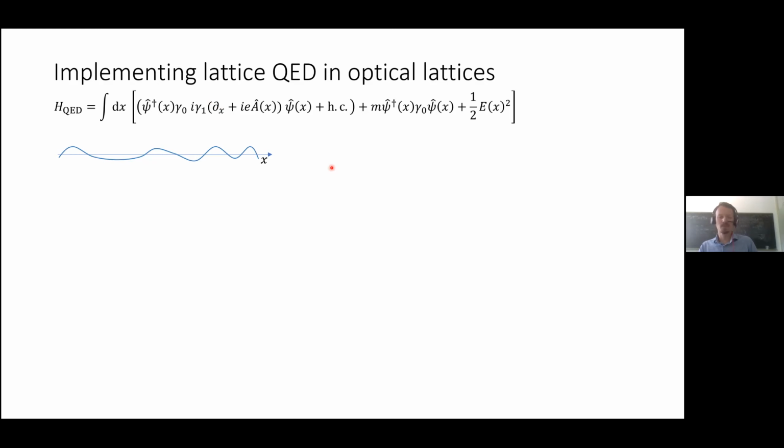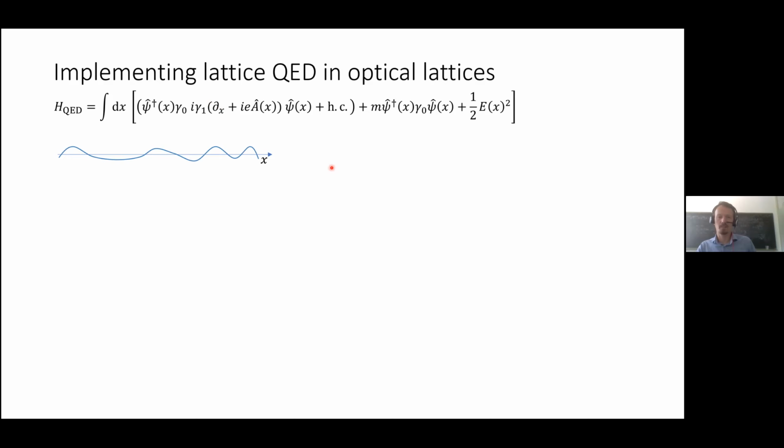Now, atoms are non-relativistic particles. They're very heavy, so they have a parabolic dispersion relation. And so if you want to simulate something relativistic, one way to do this is by putting the atoms into a lattice, and then we can do band structure shaping. And in the band structure, we can get Dirac cones and then work around these Dirac cones. So that's why we really, conceptually, want optical lattices.